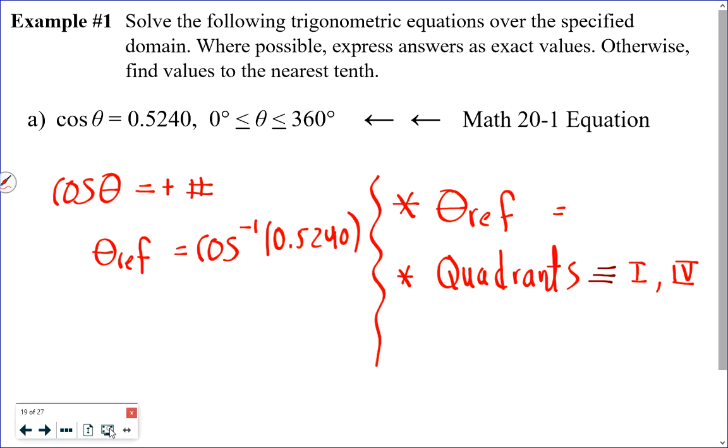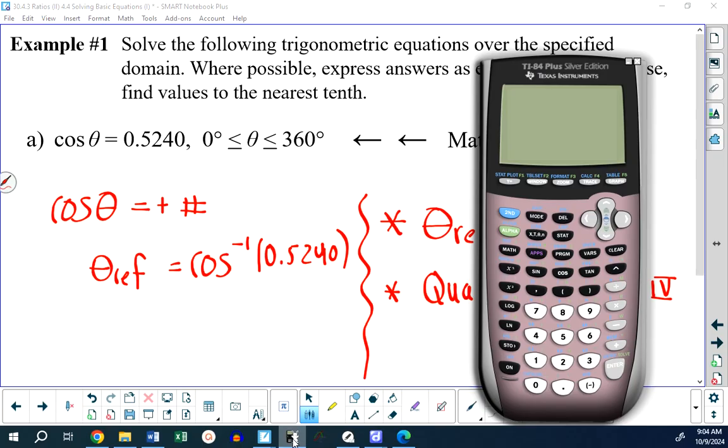And we want answers in degrees, so this is what's different here. Well, it's not really. In Math 20, I would have just said, put your calculator in degree mode because that's what we always want. In Math 30, I'm saying to you, put it in degree mode because that's what we want in this question. If we wanted it in radians, then we'd be in radian mode.